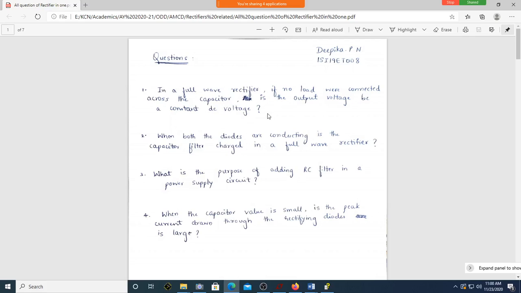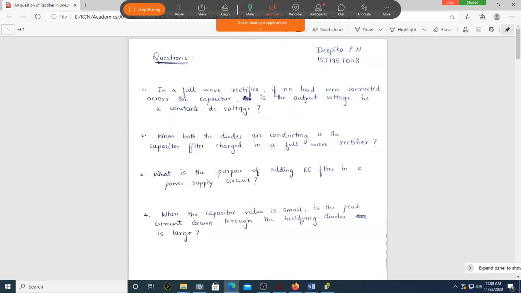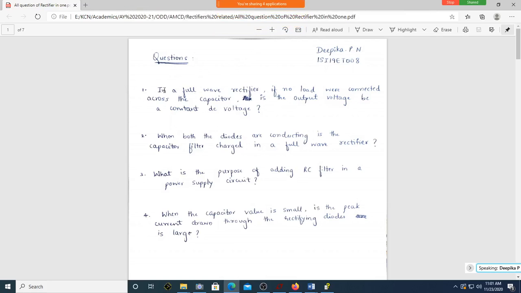What is the answer for this, Deepika? Is the output voltage constant? We have shown that the output voltage remains constant even if there is no load. So the output voltage is fairly constant.